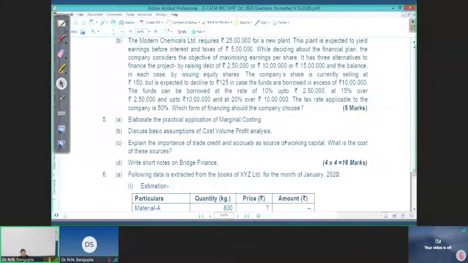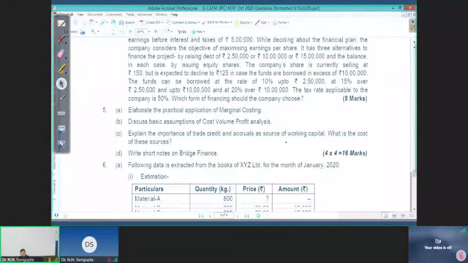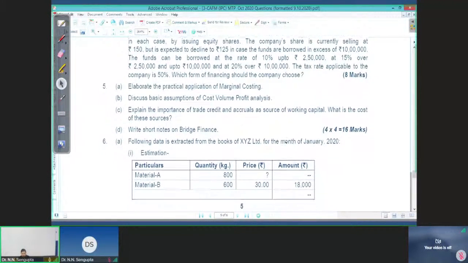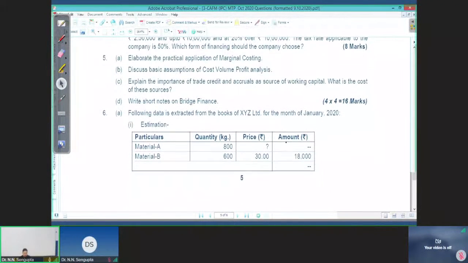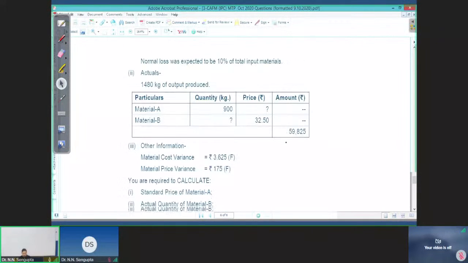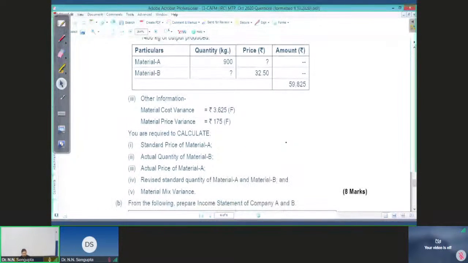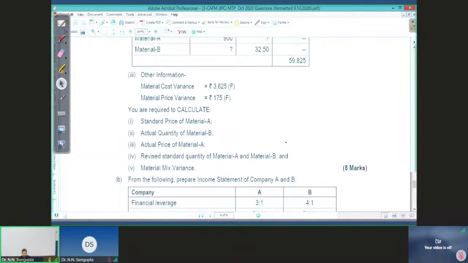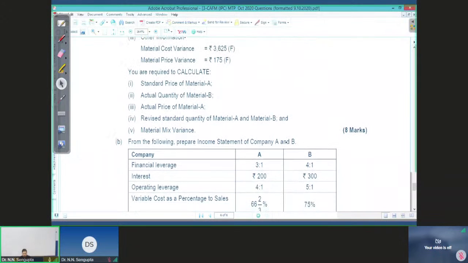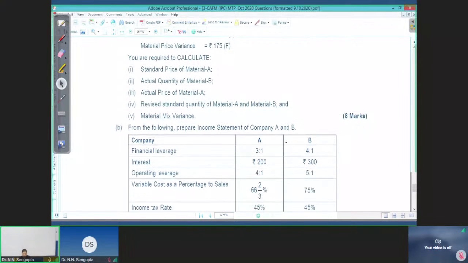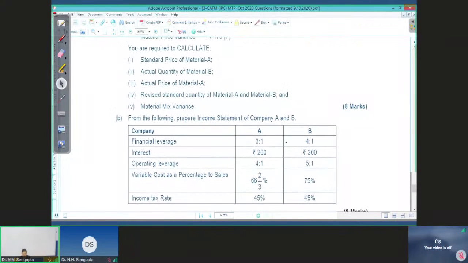Chapter 1 is important from the theoretical part, and chapter 1 from costing is also important for the theoretical part. Then bridge finance, which is again for sources of finance. Then variance: some variances are given, and some of the variances we need to find out.